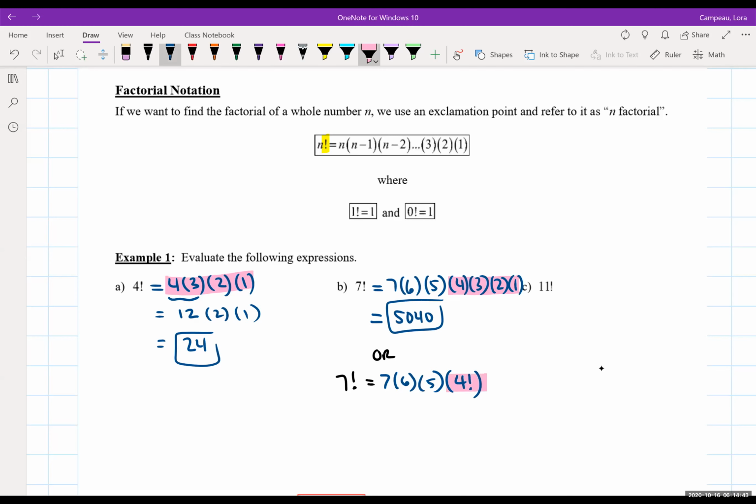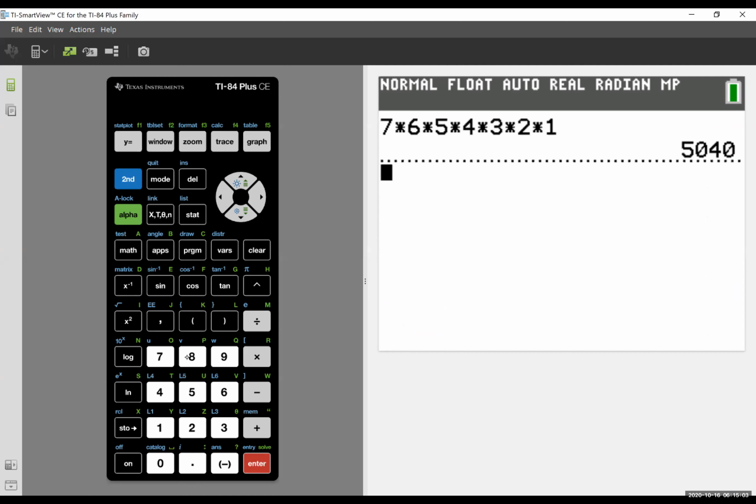So it does save us a little bit of time, 7 times 6 times 5. We already know that 4 factorial is 24. And then you could do the math on this. It takes a little less writing on the TI. So just in case you were wondering, 7 times 6 times 5 times 4 factorial, and 4 factorial was 24, and we do get the same answer.